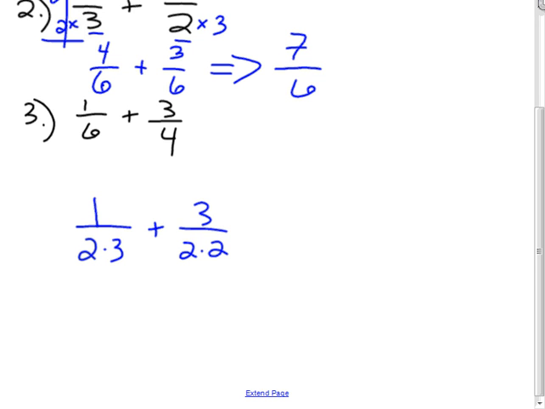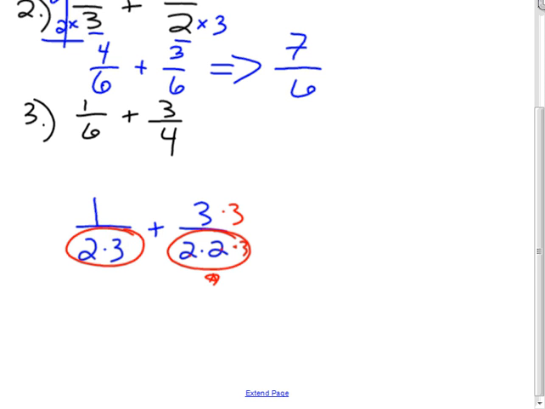Now, if you went through and found your lowest common denominator, you would have found it to be 12. Because if I look within each individual denominator, this has a factor of 2 and 3. This has a factor of 2 and 2. The right-hand side is missing a factor of 3, which means the top is also missing a factor of 3. Because 2 times 2 times 3 gives me 12.